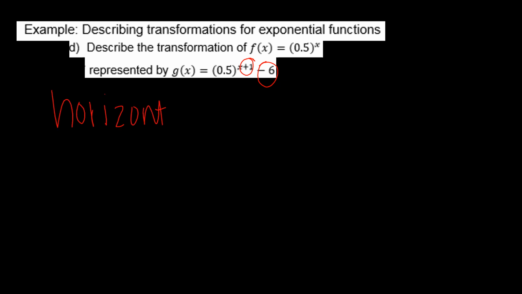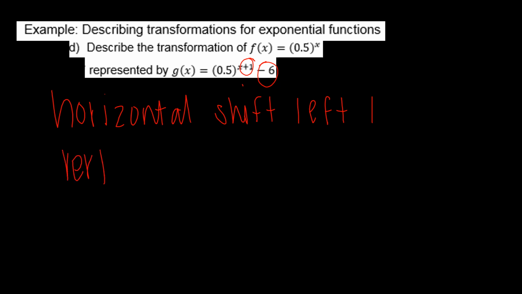And then horizontal's opposite, so plus, we say is to the left 1. Okay, and then the -6, that's on the outside, not attached to the x, so that's a vertical shift. And minus would be down.